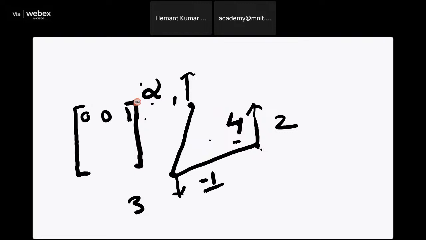Is the first vertex connected with the second? Yes, it is 1. Is the second connected with 1? No, it is not connected. That's why it is 0. Is the second connected to the third one? Or no, second with itself, it is 0. Is the second connected with the third one? It is 1. Now we come to the third vertex.